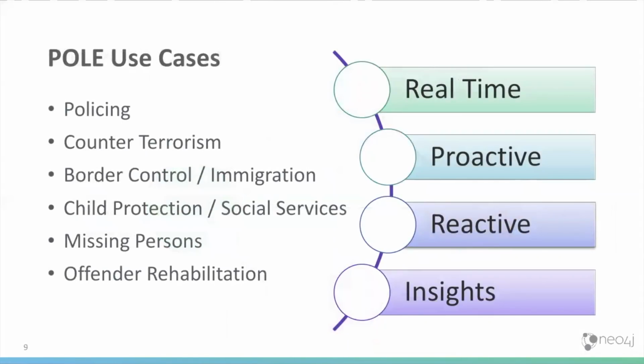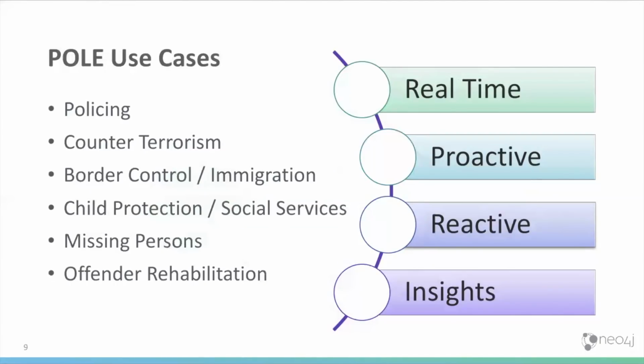And in terms of use cases that tend to leverage the POL model, policing is a big one that we'll be talking about today, but the same sort of approach to data modeling could be used for counterterrorism, border control or immigration, child protection and social services, which is part of the use case we'll be talking about later as well.